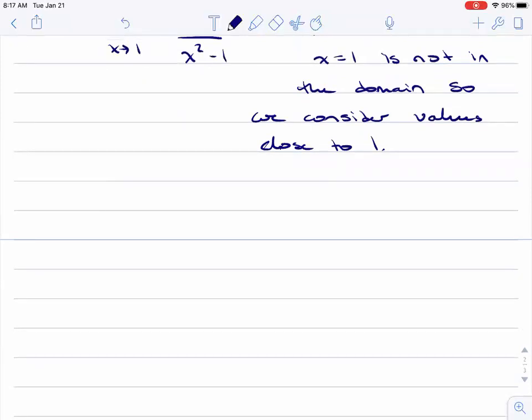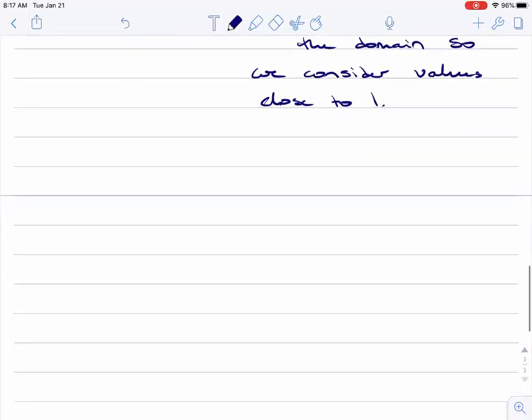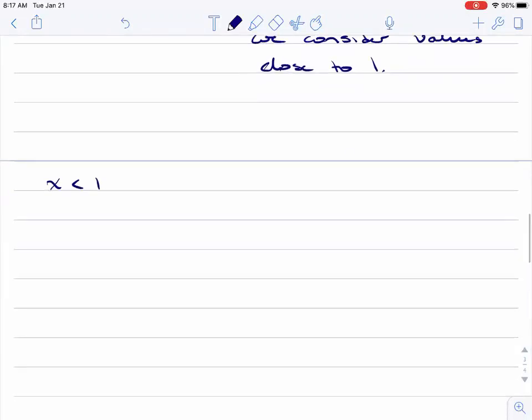So if we make a table, first I'm going to start with values that are less than 1, but close to 1, things like 0.9, 0.99, 0.99999. So if x is less than 1, we can start with something like 0.5.